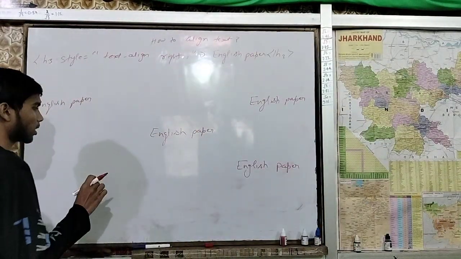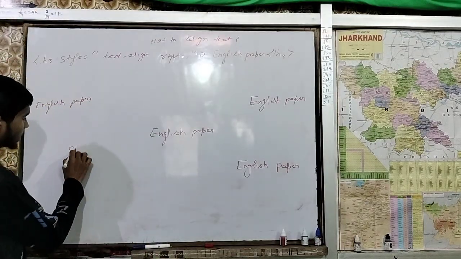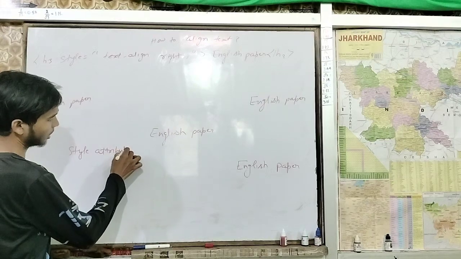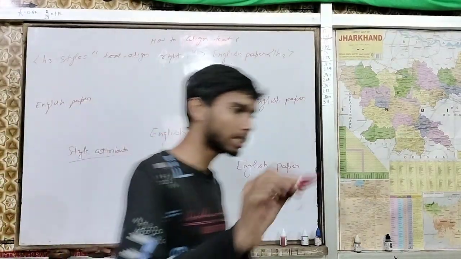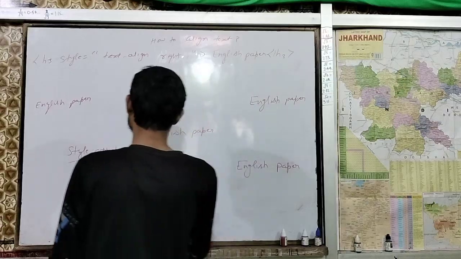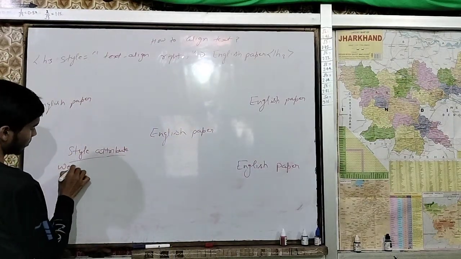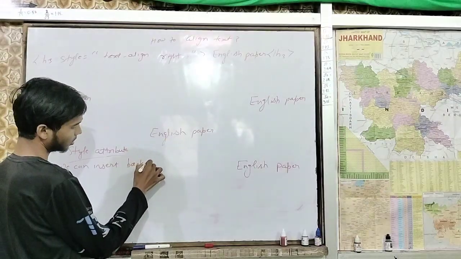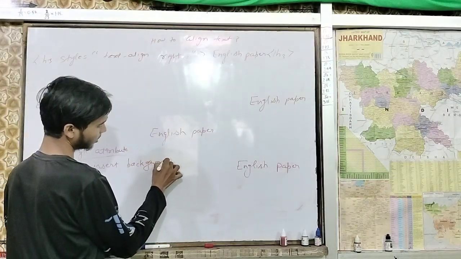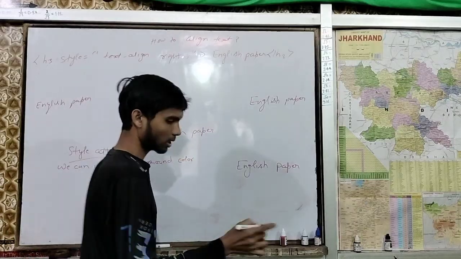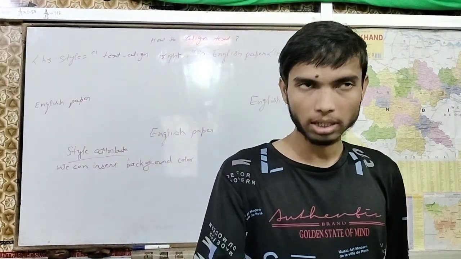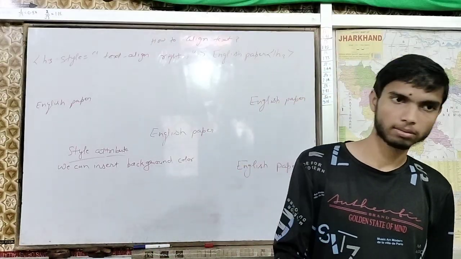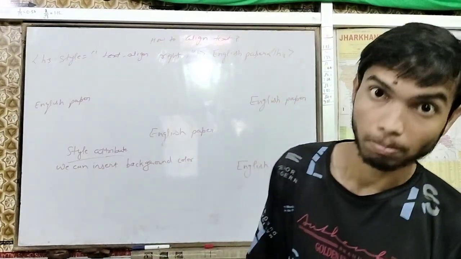So we saw in this part that by using the style attribute, we can insert background color for body, also for heading, and for paragraph.